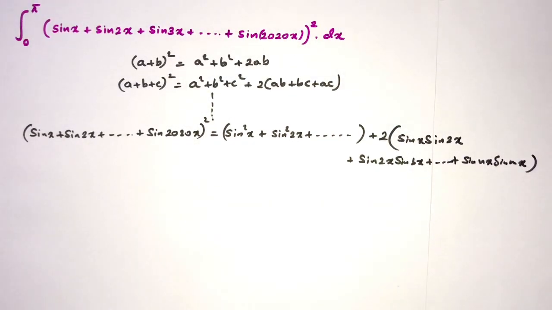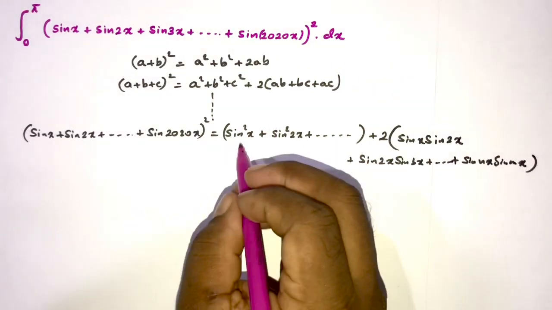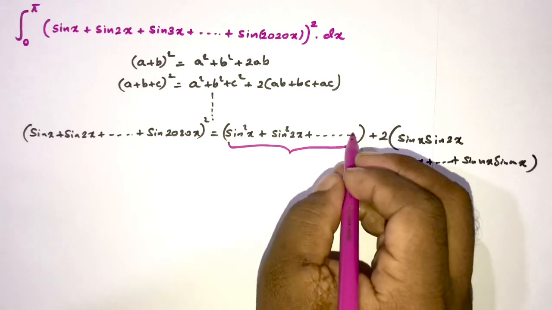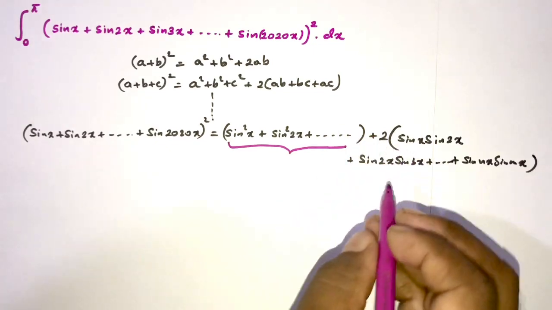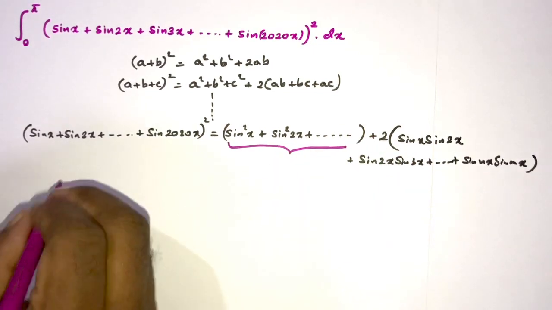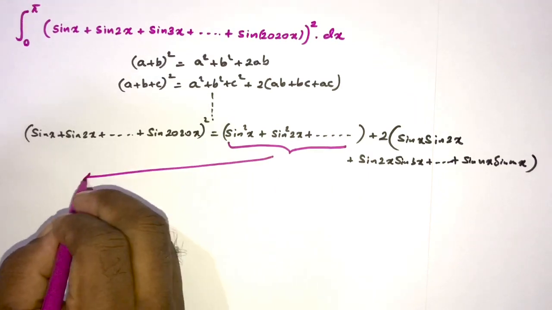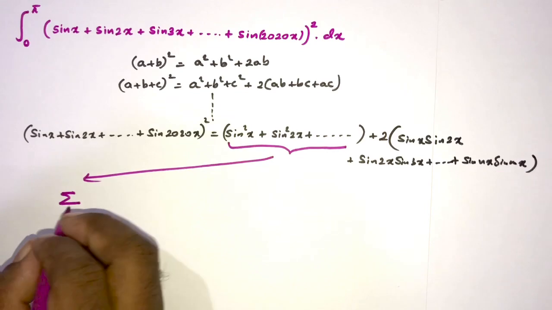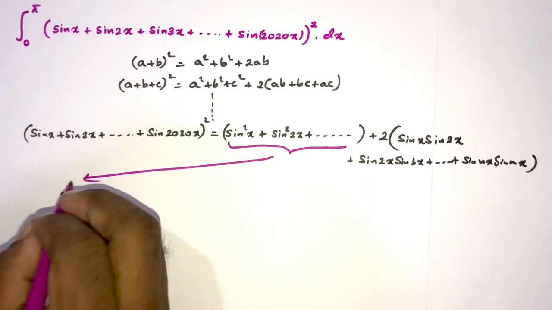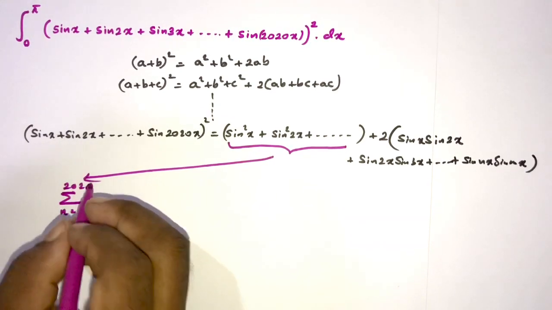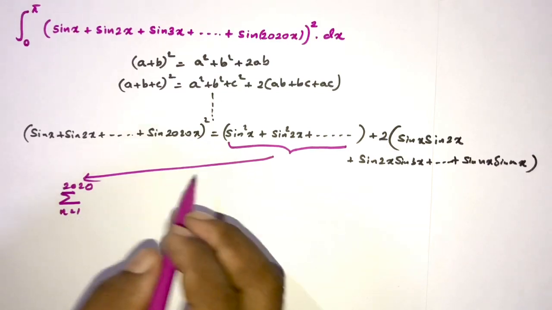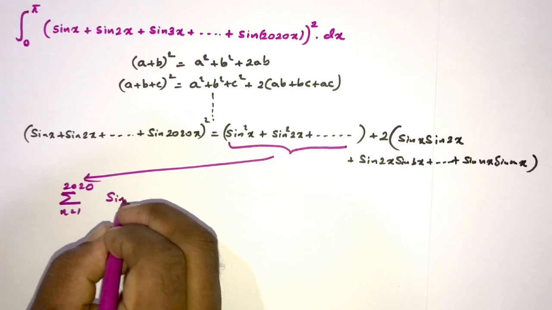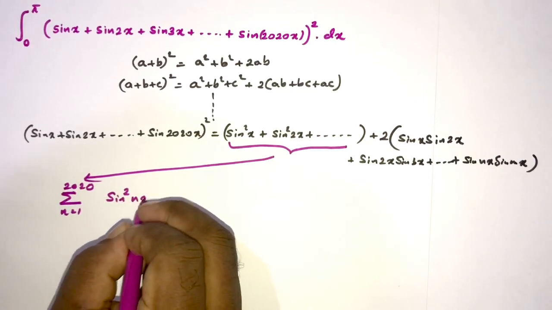Now the last term is sine squared of 20 times x. We can write this using sigma notation: the sum of n equals 1 to 20 of sine squared of nx.